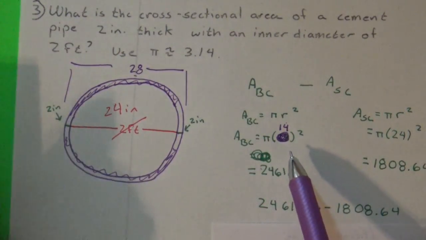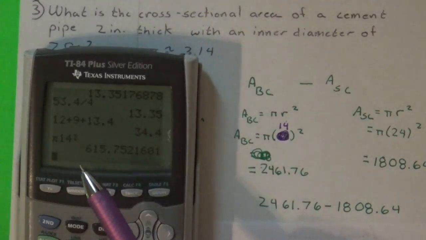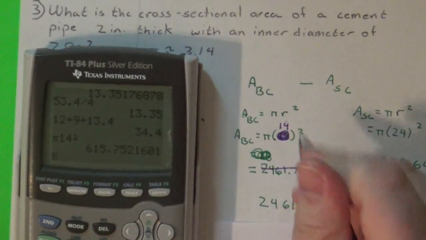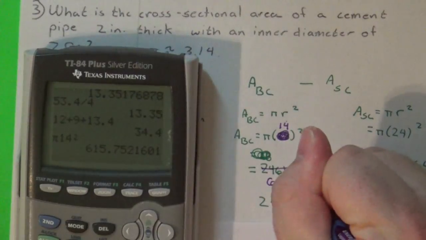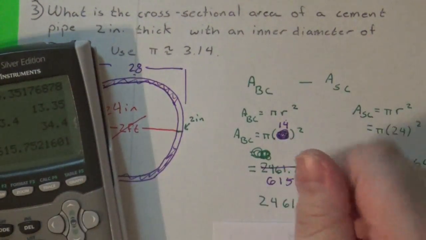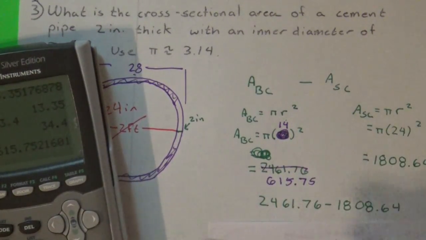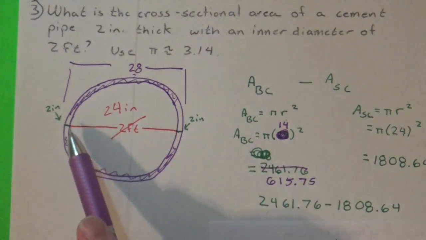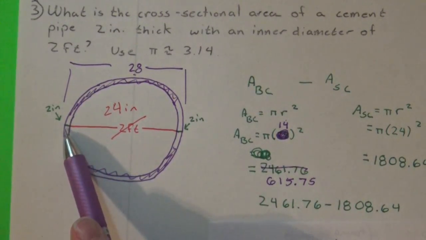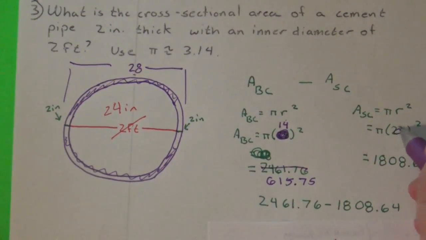Now when I do that, I'm going to find pi times 14 squared, and I get this in my calculator, and I get 615. And I'm going to round. It doesn't tell me to round. I'm just going to go ahead and round to the nearest hundredths: 615.75. All right, now, since I know this diameter right here is 24 inches, that means that my radius should have been 12.